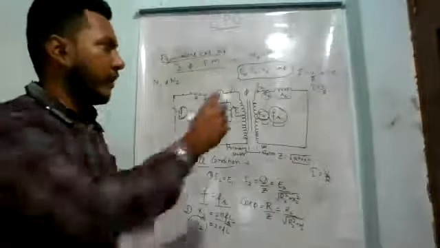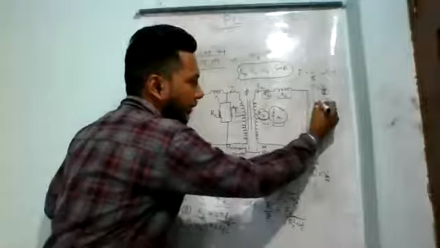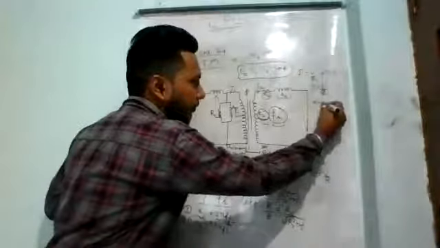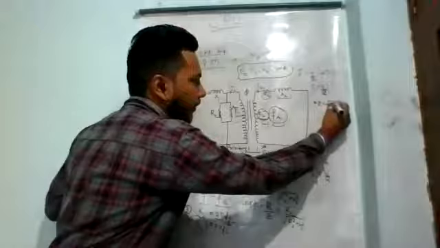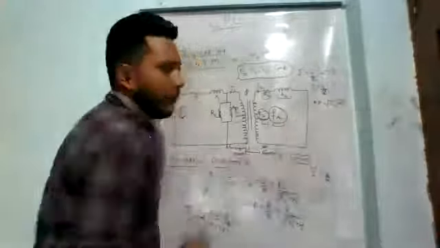Here, Z is equal to the square root of R squared plus X squared.